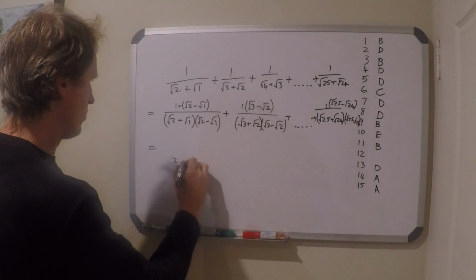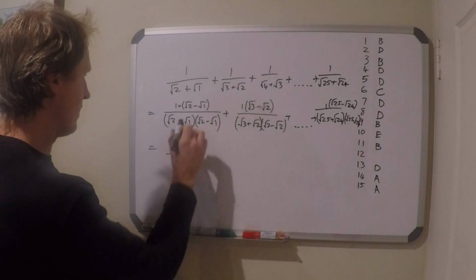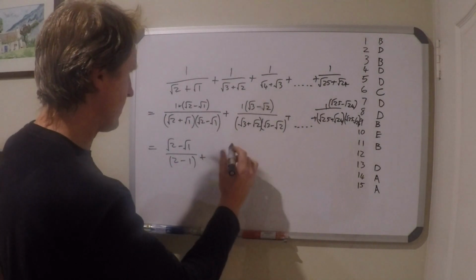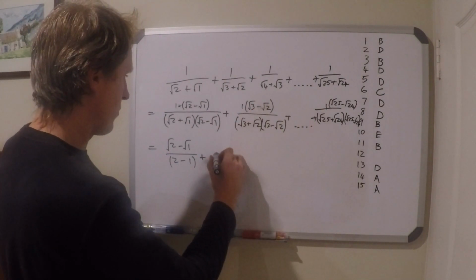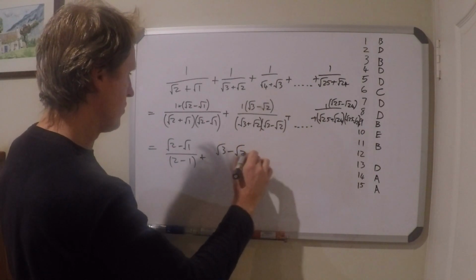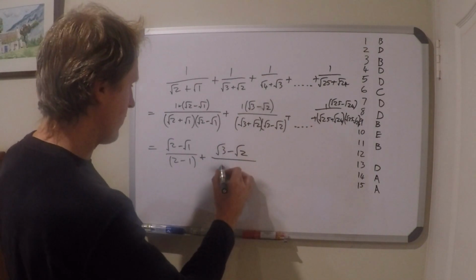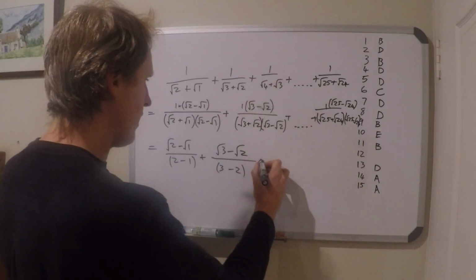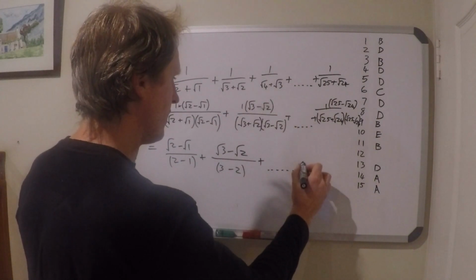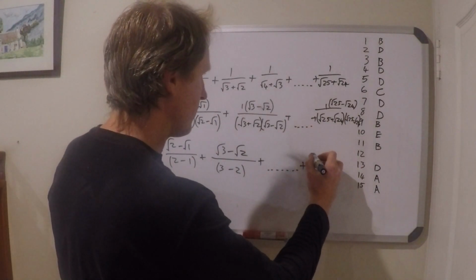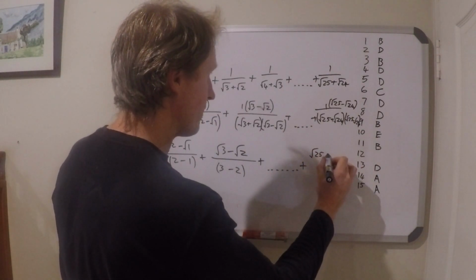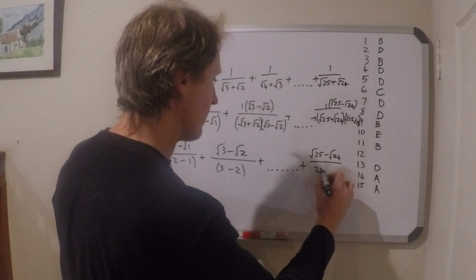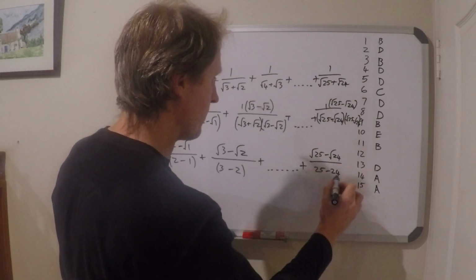So we've got 2 minus 1 over root 2 minus root 1 plus, same here, for the second term we're going to have root 3 minus root 2 over 3 minus 2, and then plus all of these terms in the middle, and eventually root 25 minus root 24 over 25 minus 24.